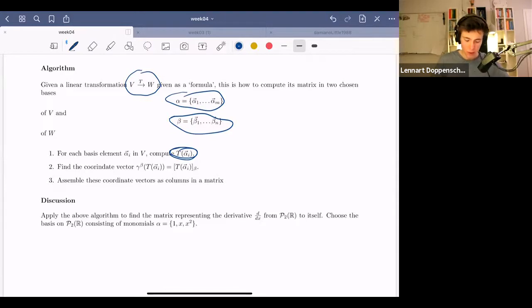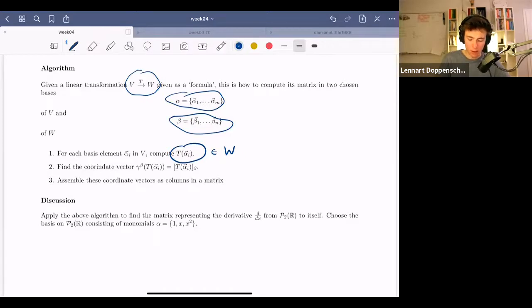So now that you've found vectors T of alpha i for each element in the basis alpha, you'll have just n different vectors or m different vectors in W. Well, how do you get a matrix out of this? Because W has a basis, you can associate to every vector, in particular these vectors T alpha i, their coordinate expression. That's the next step.